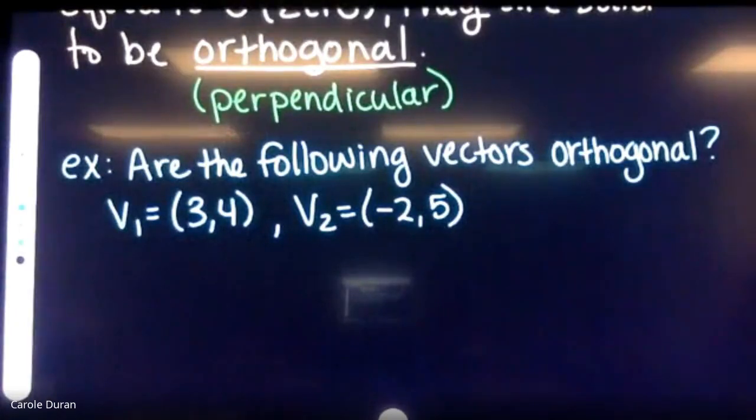Okay, so for this example, I've given you two vectors, v1 and v2, and I have asked you to determine whether or not they are orthogonal. So what do I have to find to determine orthogonality? The dot product. I have to find the dot product, so that's what I'm going to start with.